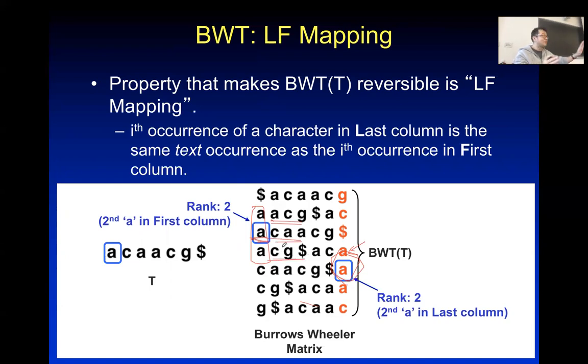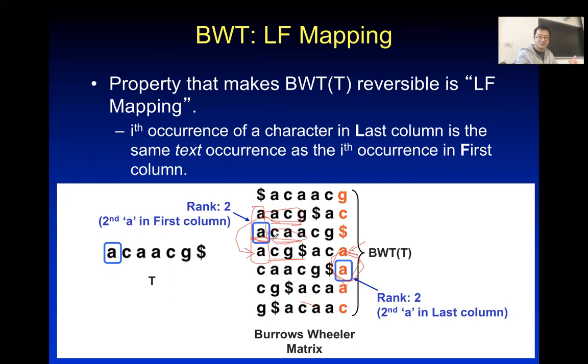Like they are actually sorted by this. So when we shift the first column to the last column, these 3 suffixes will stay the same order in the Burrows-Wheeler matrix. Like this ACG corresponds to this one.